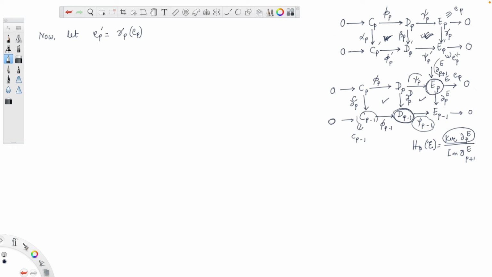So e_p' is the image of e_p under the homomorphism gamma_p.